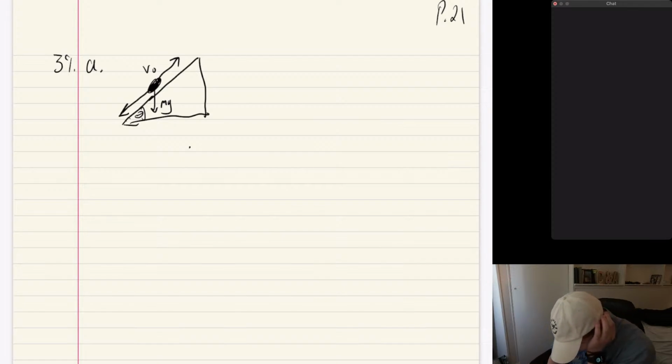This would be, I don't know if mg is, that'd be equal to this angle, right?